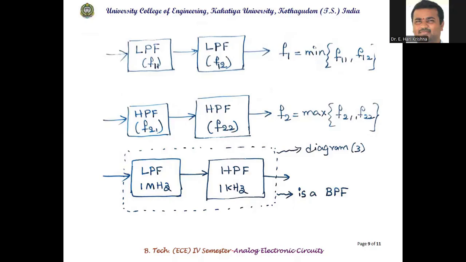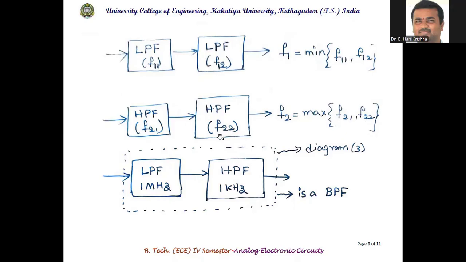If two low-pass filters are cascaded, the overall low pass filter has cutoff frequency F1 equal to the minimum of F11, F12. Similarly, if two high pass filters are cascaded, one with cutoff frequency F21 and another with cutoff frequency F22, then the overall cutoff frequency F2 is the maximum of F21, F22.